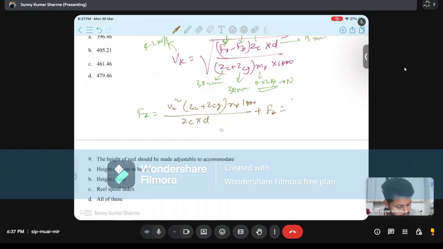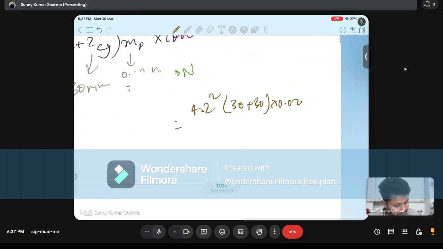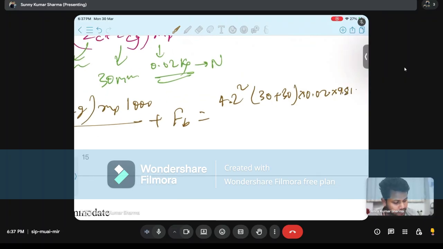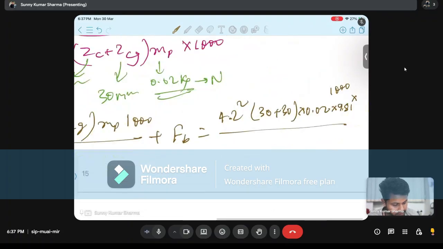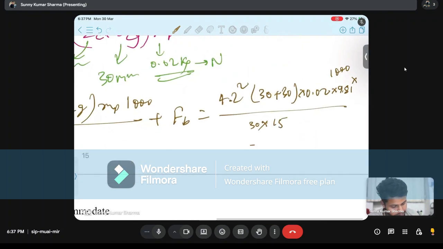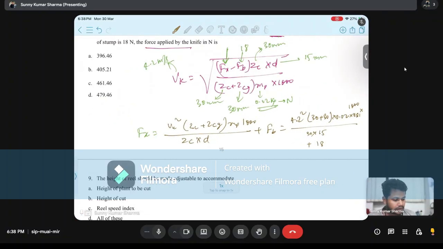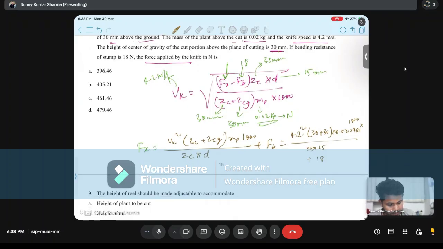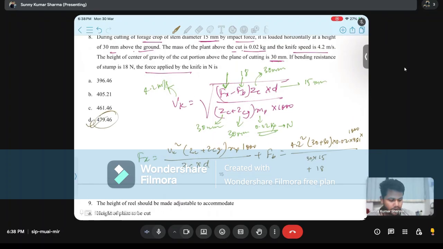So therefore Vk square is 4 into square 30 plus 30 into 0.02 into 900 into 100,000 HFC into. So what answer you got? 479.46. Okay, so correct answer is D.